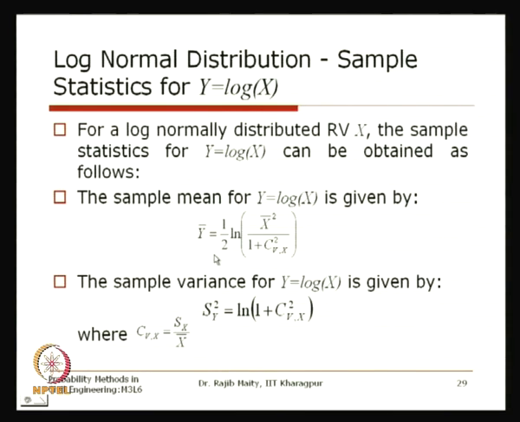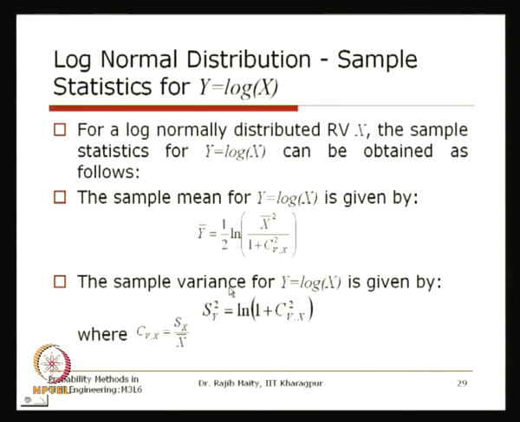This is obtained through this equation: y bar, the mean after taking the log, is equal to half ln of x bar square divided by 1 plus CV x square. Here CV is the coefficient of variation for the observation x, and x bar is the mean of the observed values.